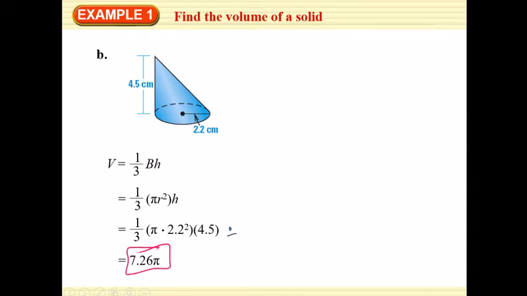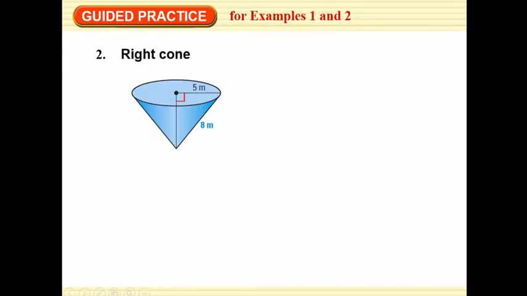I did want to remind you that I divide by 3 instead of doing the 1/3 at the beginning. This boxed answer is your exact answer. If I were asking you for an exact volume, that's what you would give me with centimeters cubed here. But if you were to approximate, it's about 22.81 centimeters cubed, or cubic centimeters.